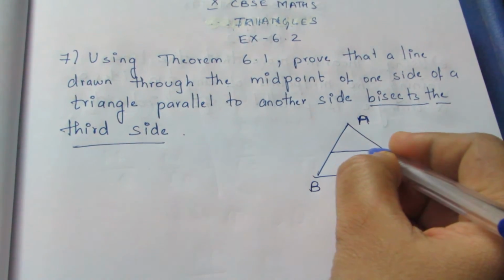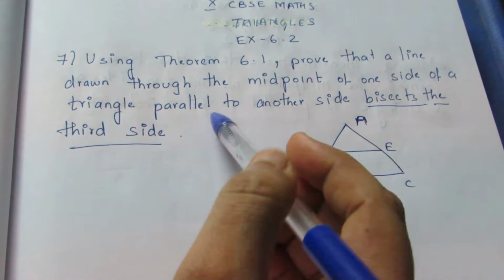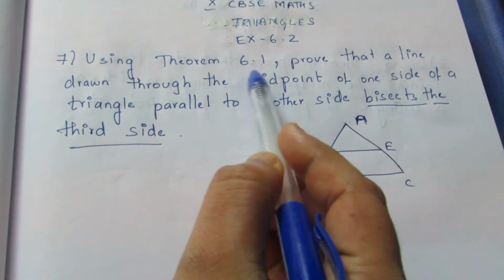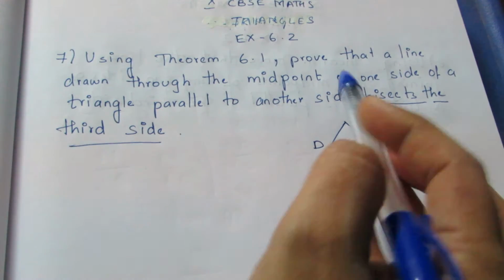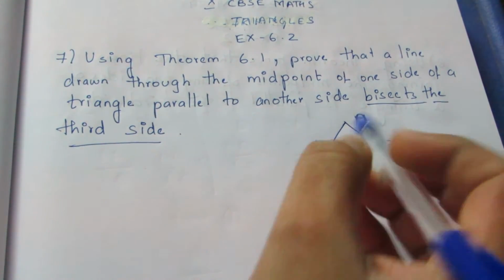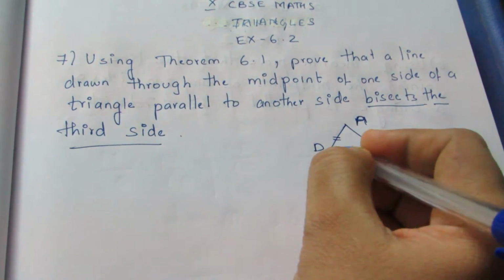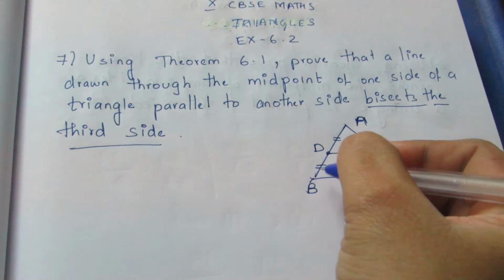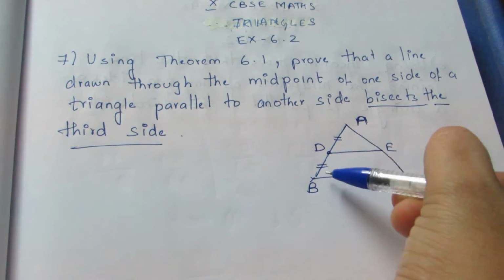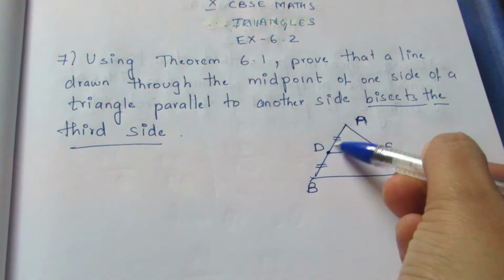So they have given, using theorem 6.1, which means using theorem BPT, we need to prove that the line drawn through a midpoint of one side. Let me take this to be the midpoint. So this is a midpoint, which means these two sides are equal.